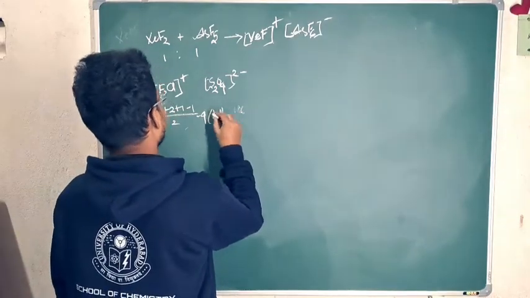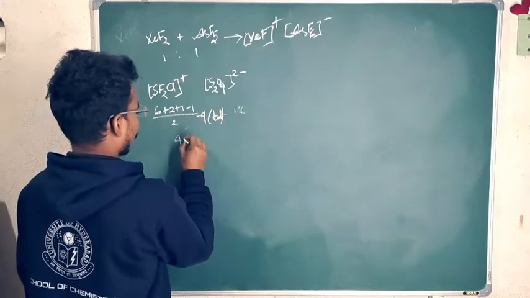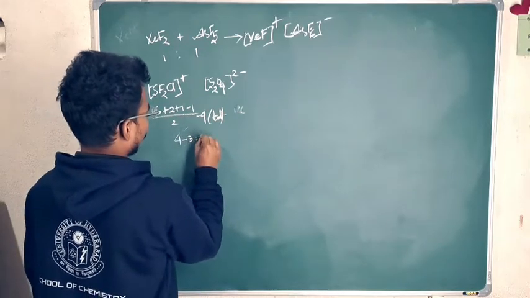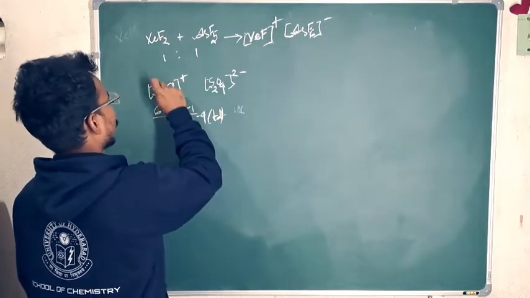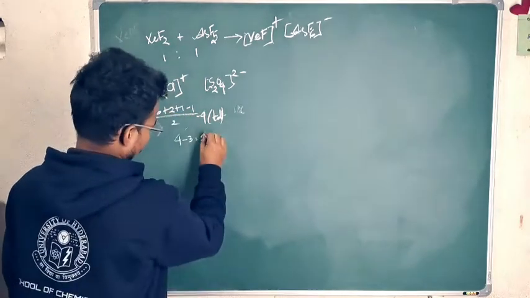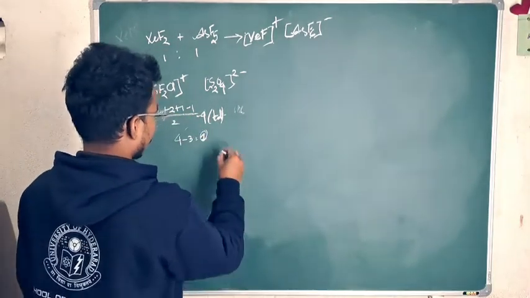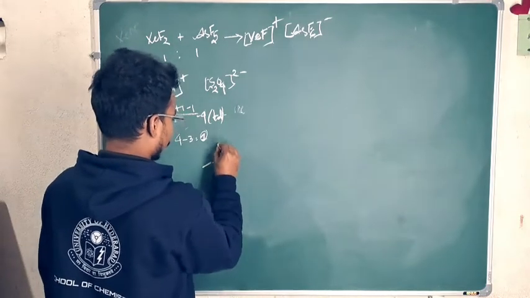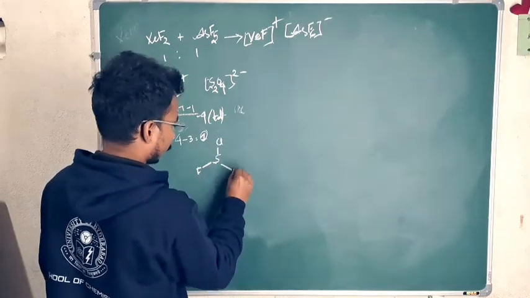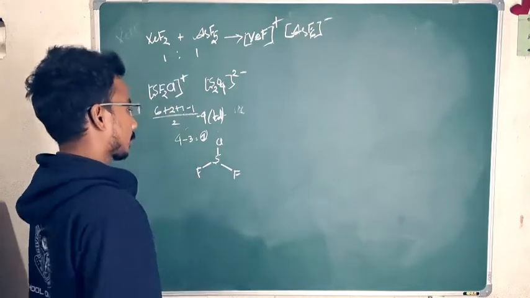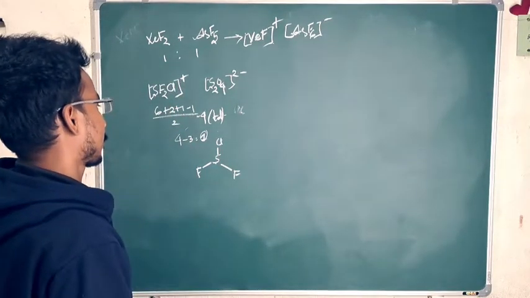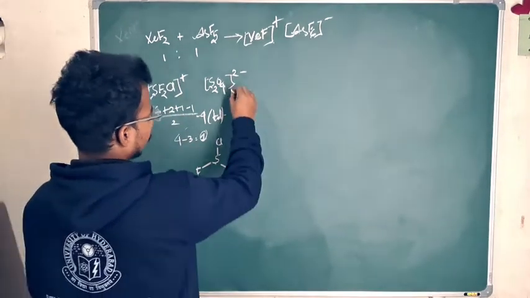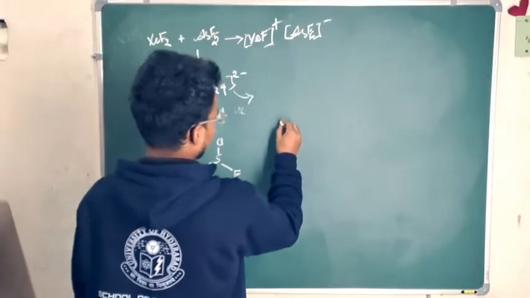One lone pair is present there because 4 minus 3 equals 1. 3 means 3 bonds, 2 fluorine and 1 chlorine, and one lone pair is there, so it will be trigonal planar. It will be like this. So this structure is also like trigonal planar.